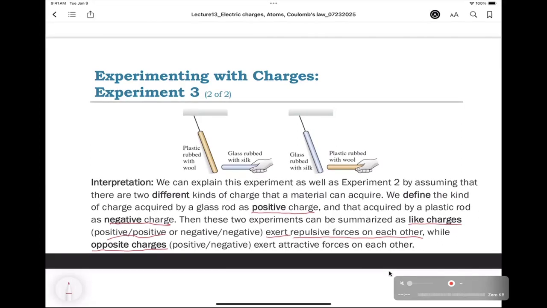So there are two different kinds of charge that a material can acquire: one is positive charge, the other is negative charge.